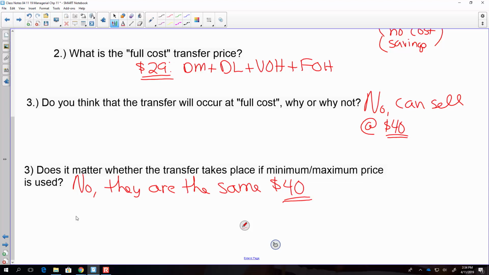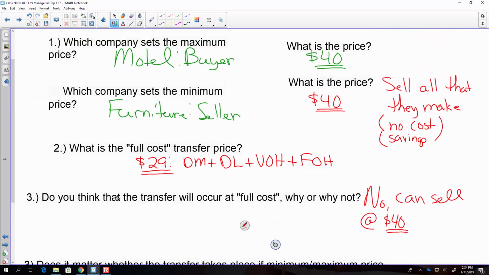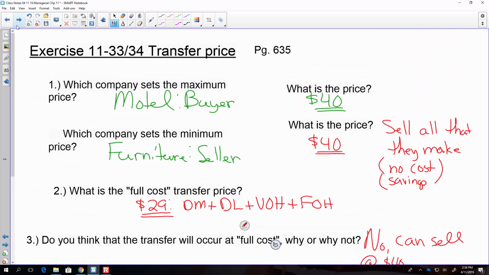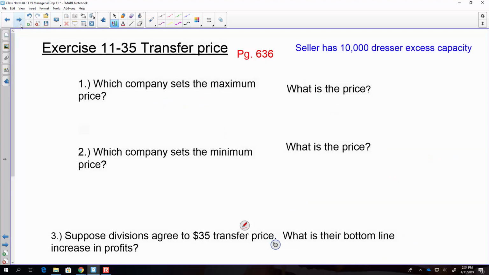So that was somewhat of a bust kind of problem. Then they use the same information here on problems 33, 34, and then go to problem 35 on page 636, and something changes.